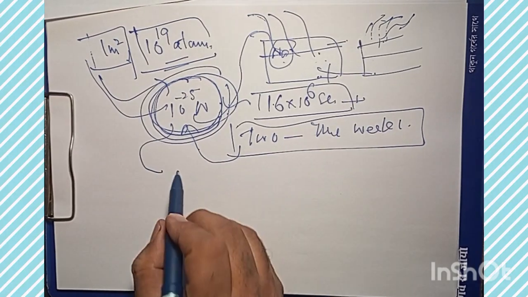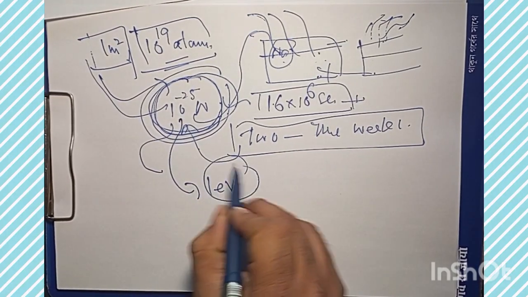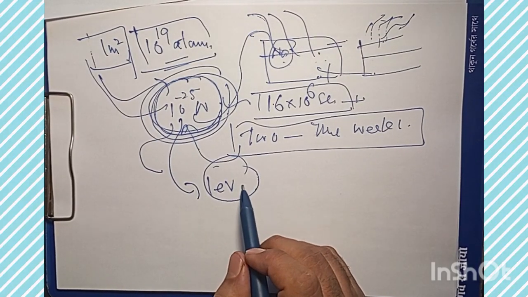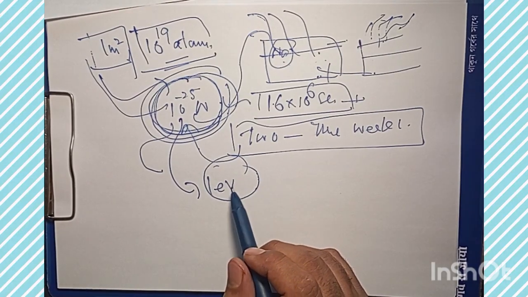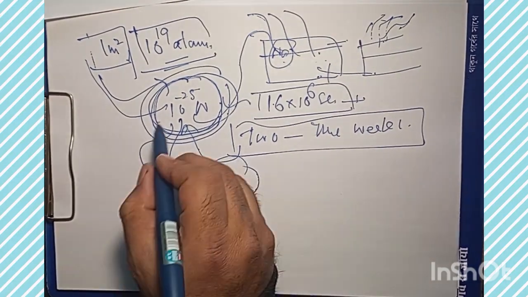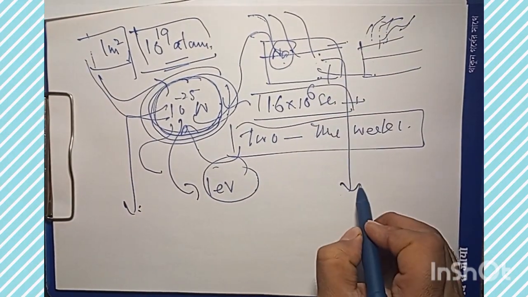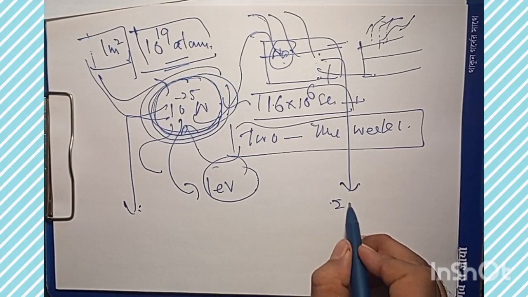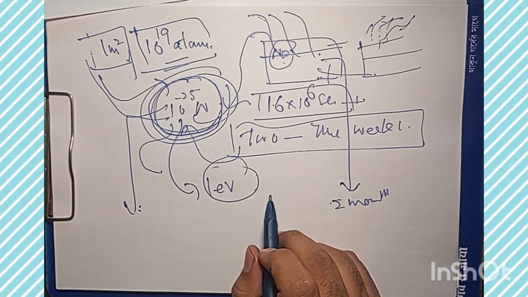To have this much energy, which is nearly 1 electron volt, an electron in sodium will gain sufficient energy to be liberated from the metal surface. It will take nearly 2 months to come out of this metallic surface.